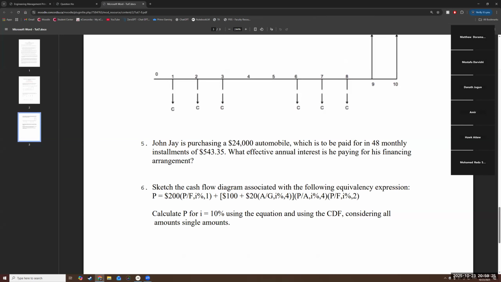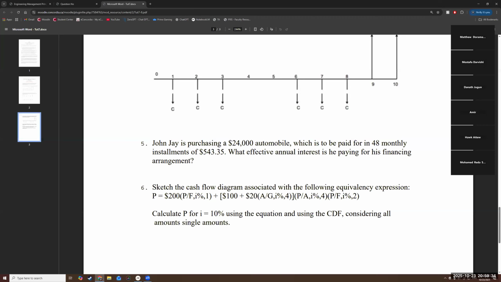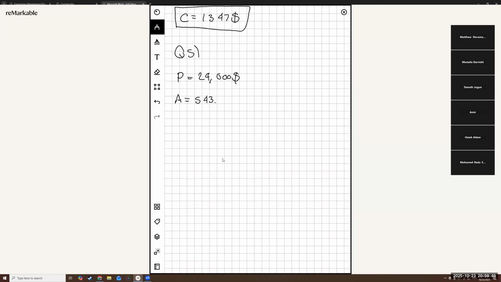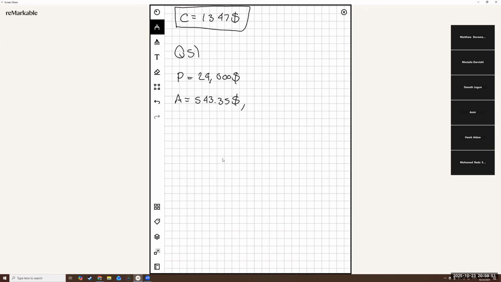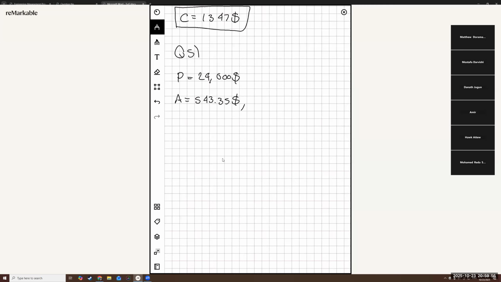Okay. So you have a present value of $24,000. That's the price of the car. You buy it right now. It's supposed to be paid in 48 monthly installments of $543.35. So you're going to pay it with an annuity of $543.35, 48 monthly installments.